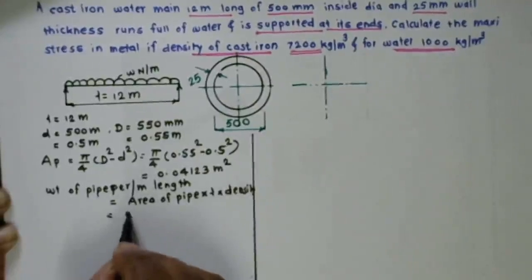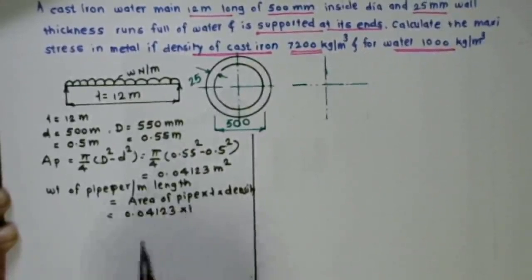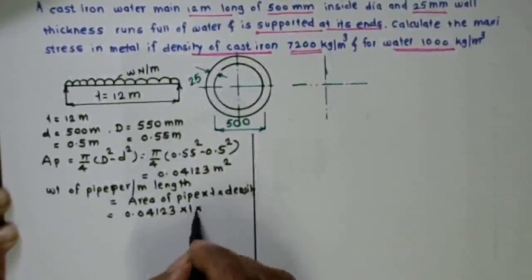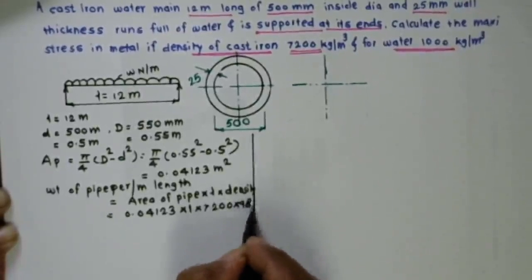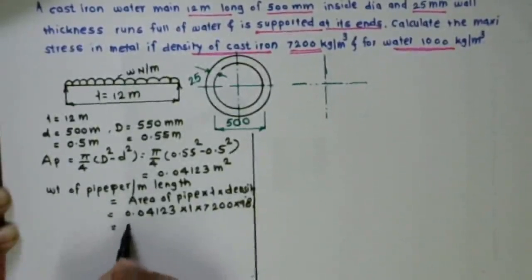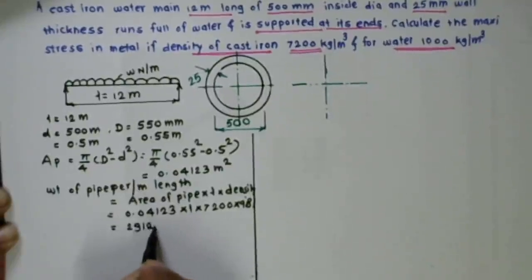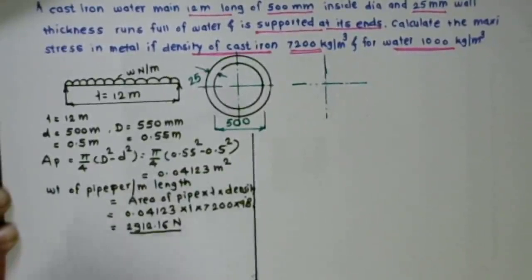So area of pipe 0.04123 meter square, per meter, that's why length is equal to 1, and density is given, and we need it in Newton, that's why into 9.81. So 2912.16 Newton. This is the weight of pipe.